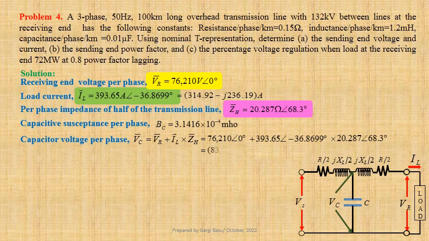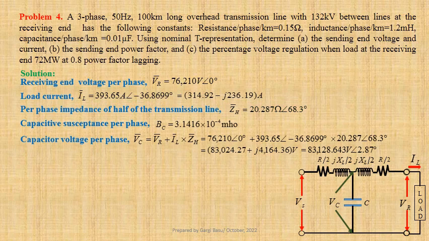That gives us 83,024.27 plus J times 4,164.36 volt. This may be written in polar form as 83,128.643 volt at an angle 2.87 degree.